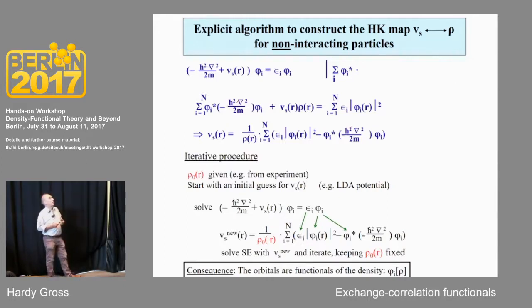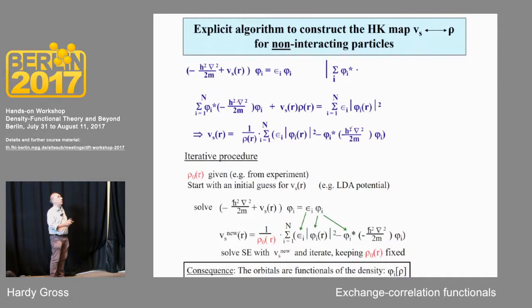So we start with an initial potential, solve, let's say, LDA, solve the Schrödinger equation, get the orbitals, orbital energies, and plug these orbitals and orbital energies here in the right-hand side, and divide by the density, but we divide by the given density, right? This is always fixed. So then, for that reason, it defines a new potential.